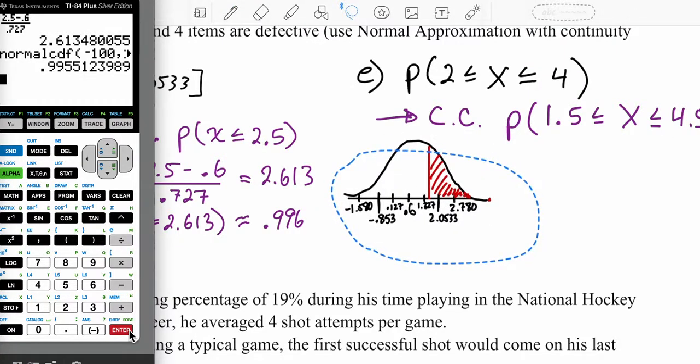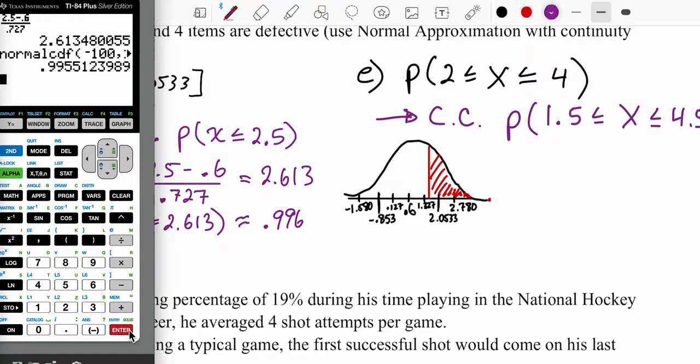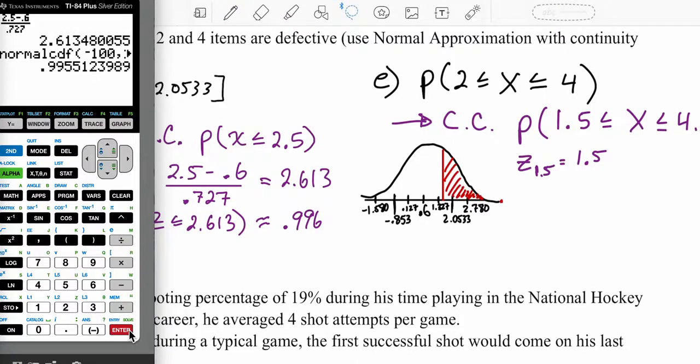All right, so that's where the computations come into play. All right, so I need a z-score for the 1.5. So 1.5 minus 0.6 all over 0.727. And then the same thing for 4.5.